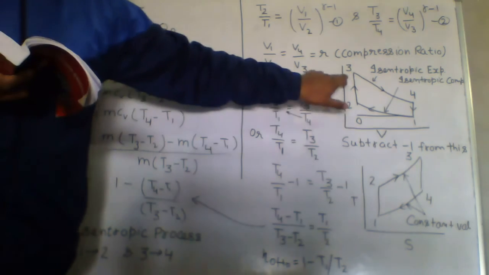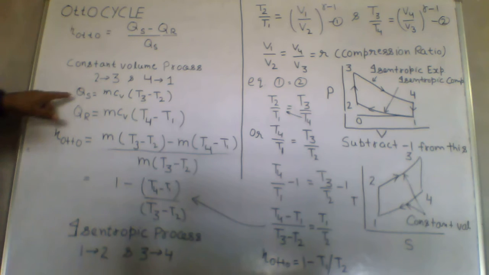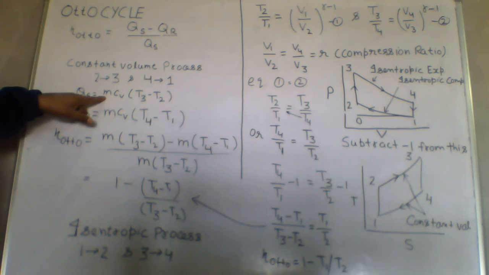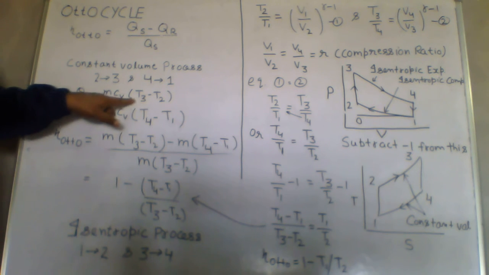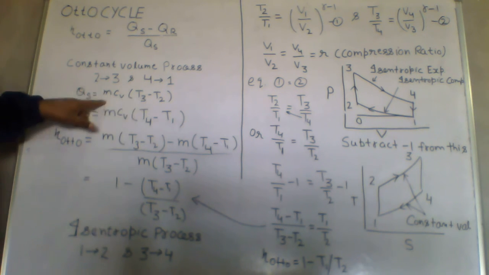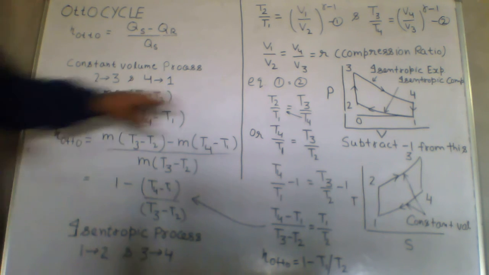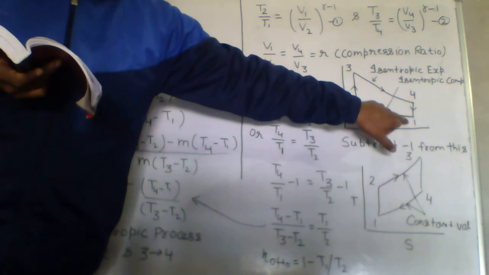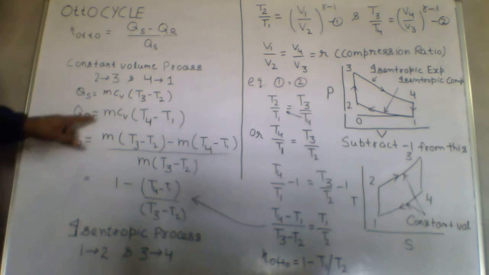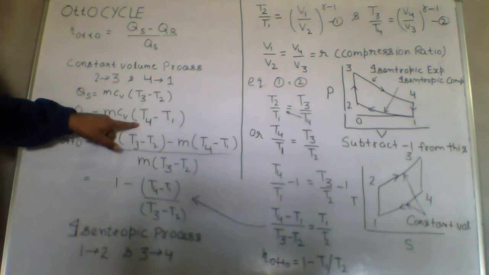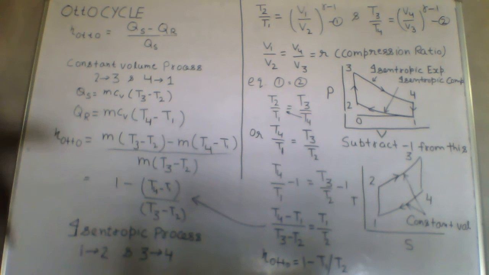Because heat is supplied at constant volume, Q supplied is equal to m Cv (T3 minus T2), m Cv delta T, and heat rejected in 4 to 1, which is a constant volume process, is m Cv (T4 minus T1).